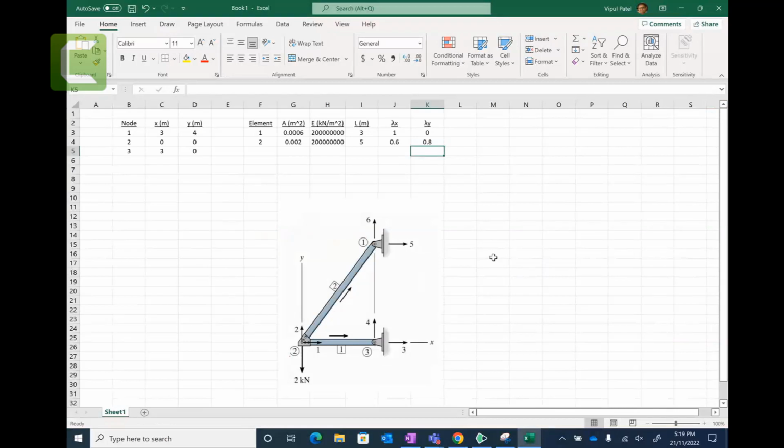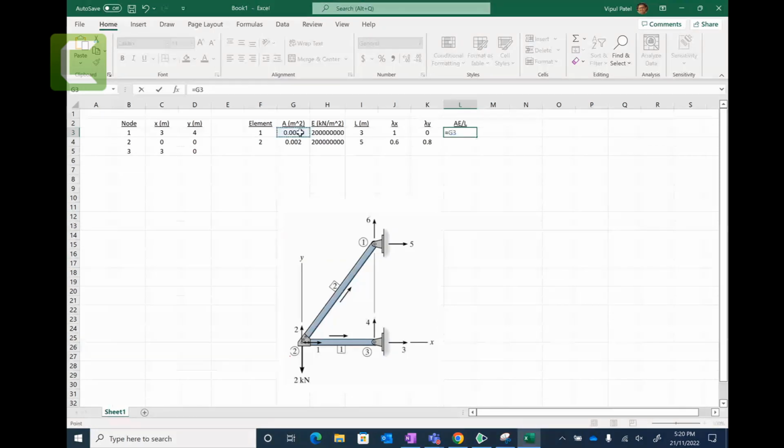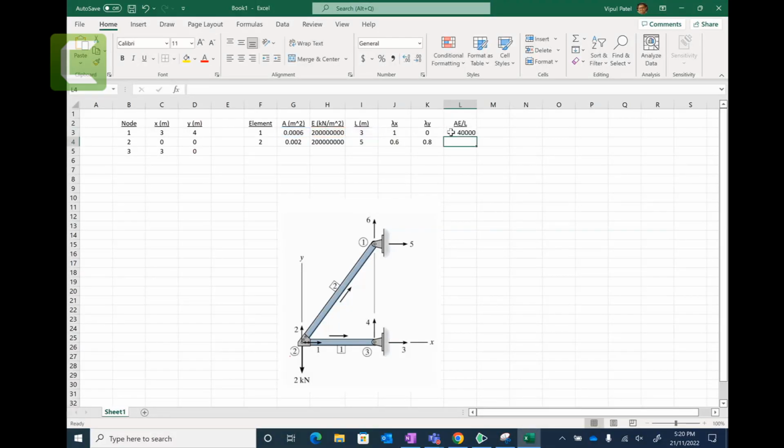Now, if you want, you can just find out AE over L. So area times Young's modulus divided by length, making sure all units are the same: meter squared, kilonewton per meter squared, meters, not in any other ones, and you can just scroll it down like this.